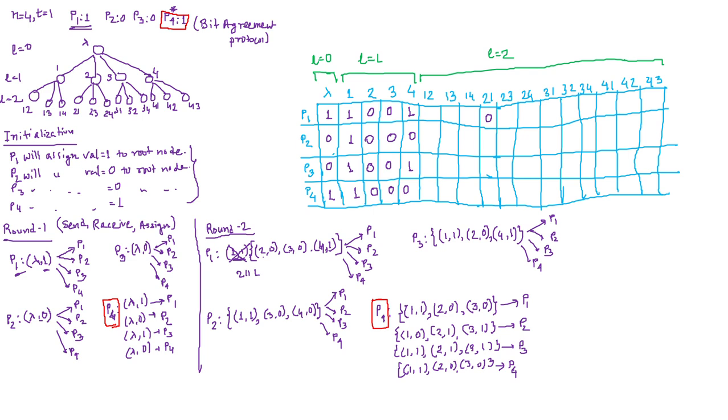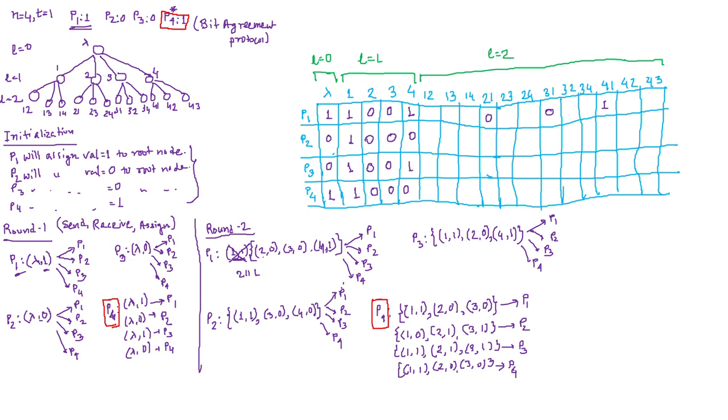Again, P1 also receives 3, 0 from P1. That means value 0 will be assigned to the node with tag 3 concatenated with 1, so 3, 1 will receive the value 0. Node with tag 4 concatenated with 1, so node 4, 1, will receive the value 1.